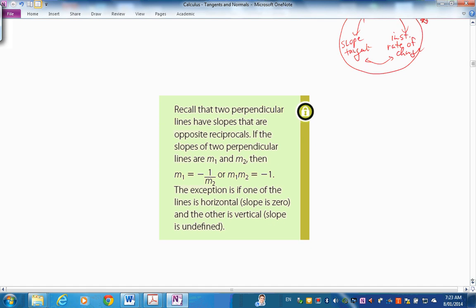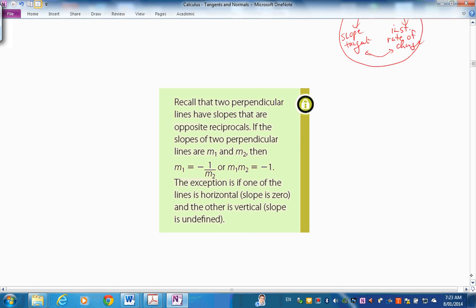Here we are. And to do that, we have to recall this. Two perpendicular lines have slopes that are opposite. Oh, I don't like opposite. Negative reciprocals, I like. Negative, not opposite. Negative reciprocals. If the slopes of two perpendicular lines are m1 and m2, then their product is negative 1.